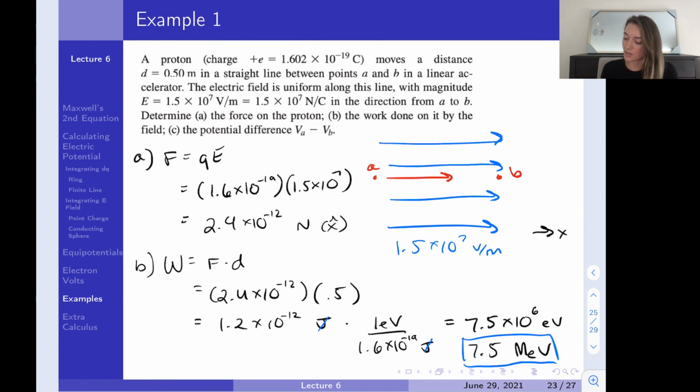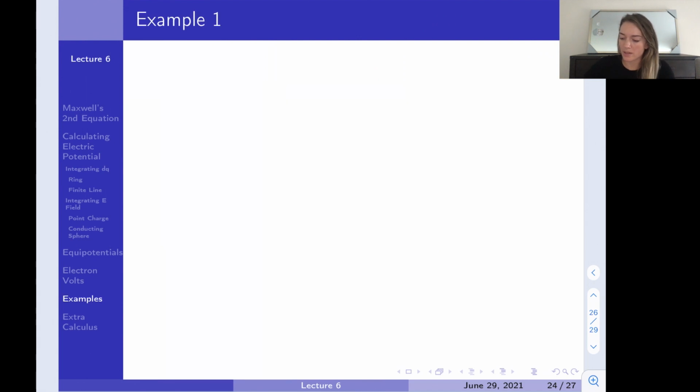Now let's find the potential difference between A and B. So let's write it this way. So we want to find VA minus VB. So we can write this. Remember, our potential is the potential energy per unit charge, and here our unit charge, the Q we would divide by, is the proton charge.